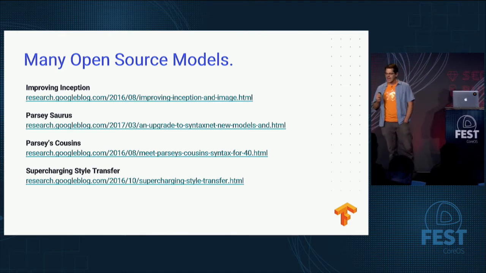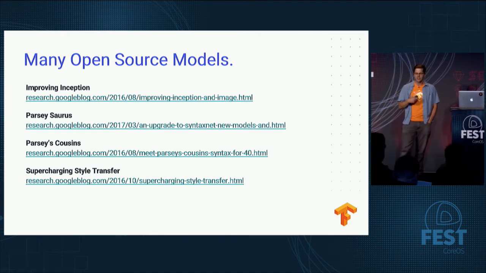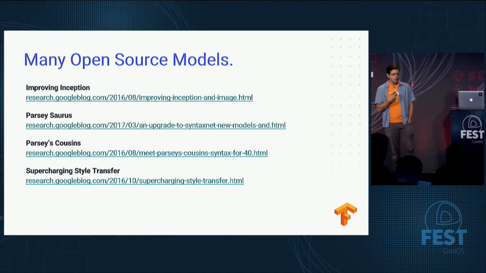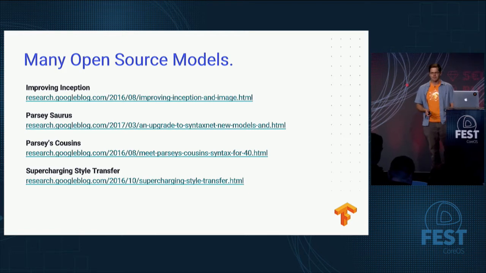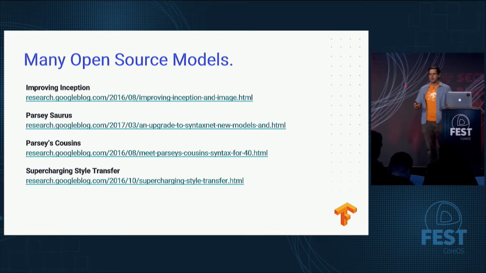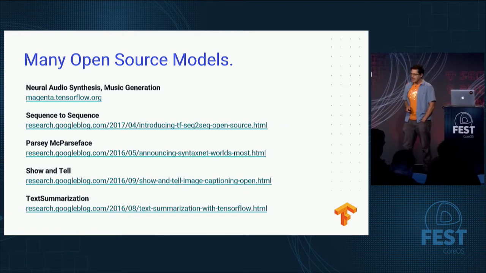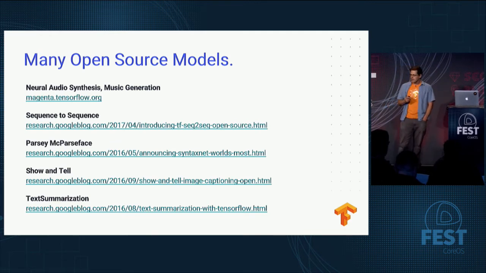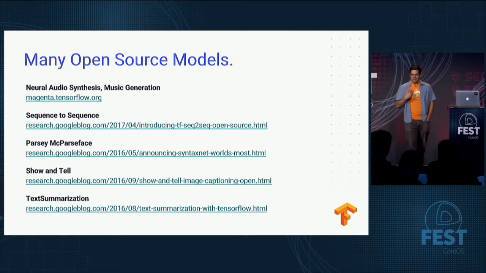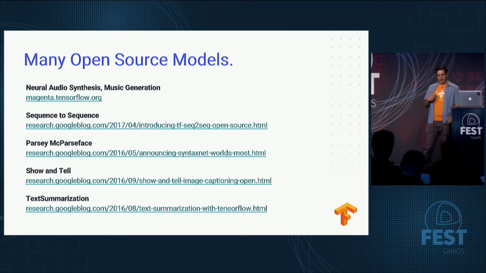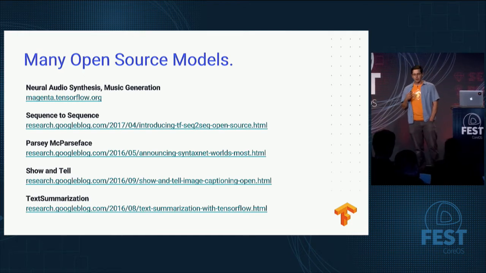We already looked at Inception, but we've also open sourced, for example, natural language parsers for many languages. This artistic style transfer model from Magenta, which is computers making art, is kind of fun. We've also open sourced models for audio generation, text summarization, and tools that are part of a translation framework.